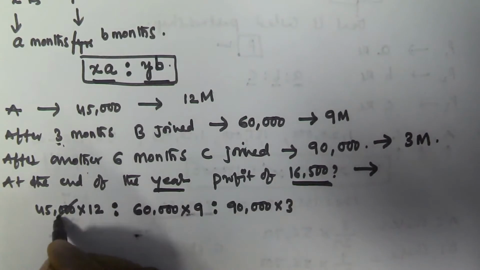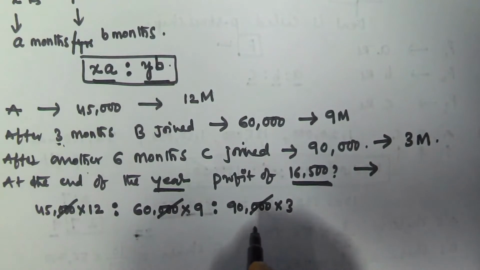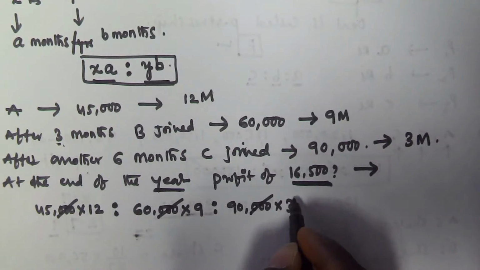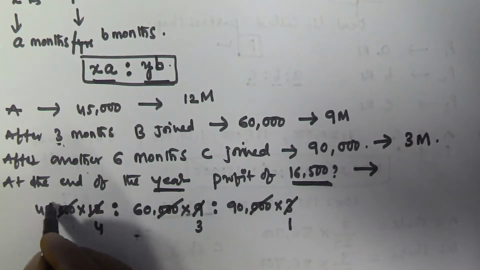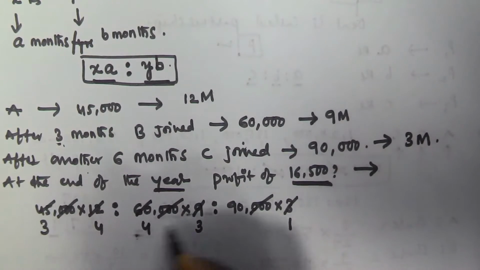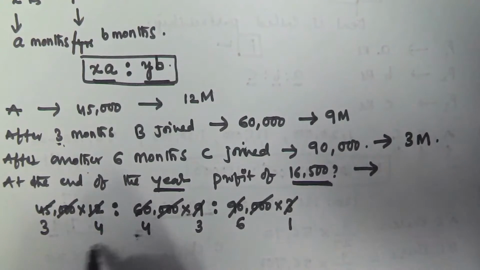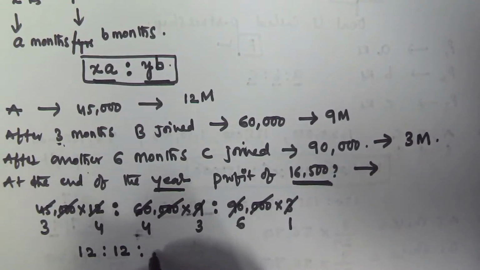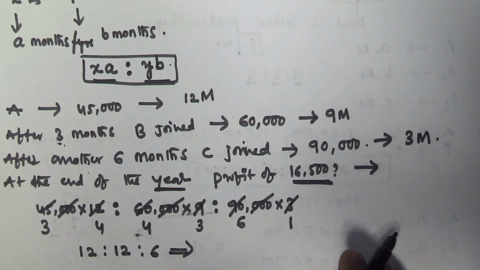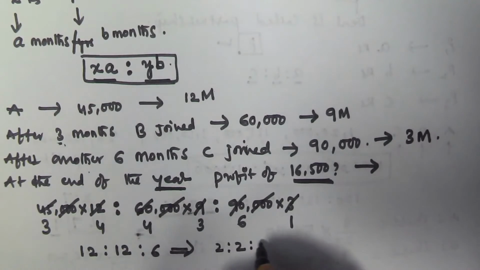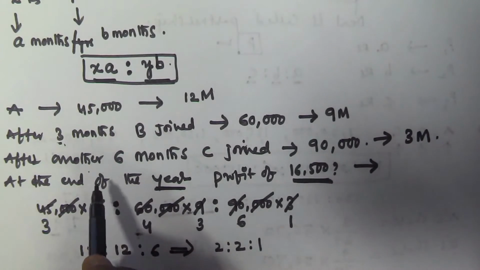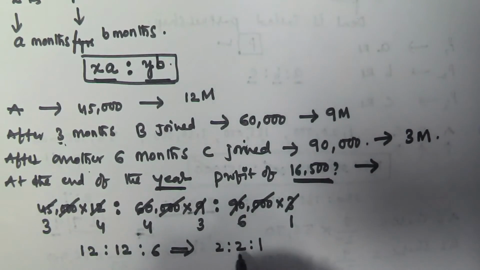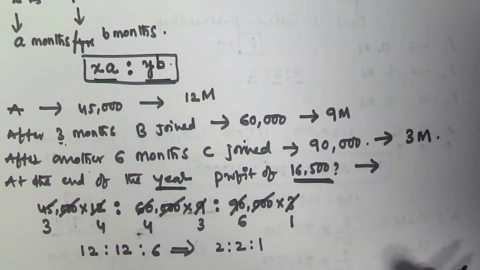Removing the three zeros and cancelling common factors, this is 12 to 12 to 6, which is equivalent to 2 to 2 to 1. So the profit 16,500 must be shared between A, B and C in the ratio 2 to 2 to 1.